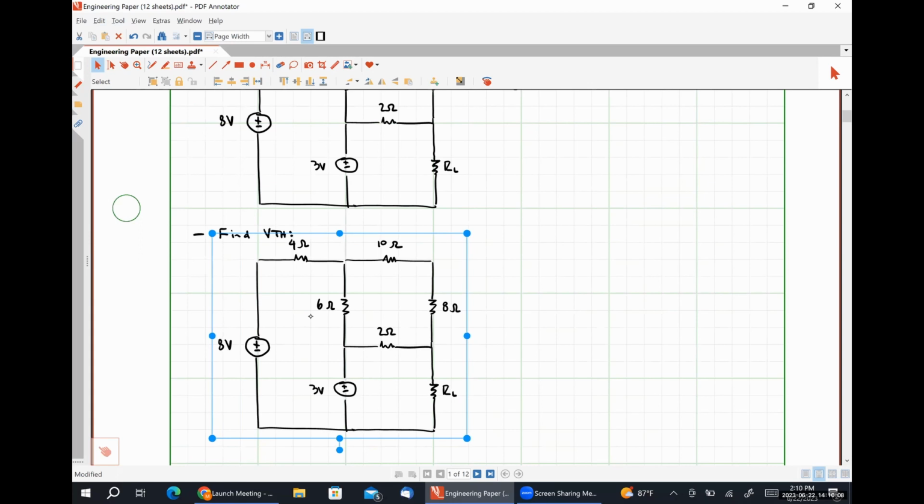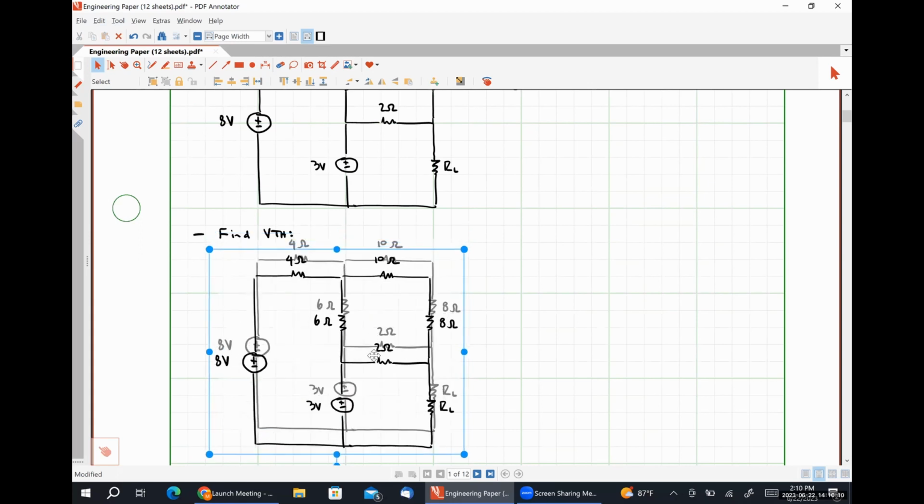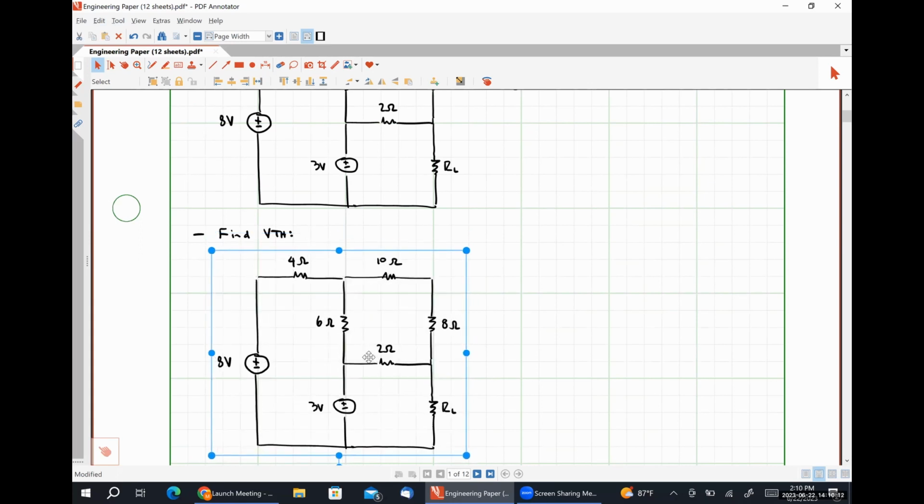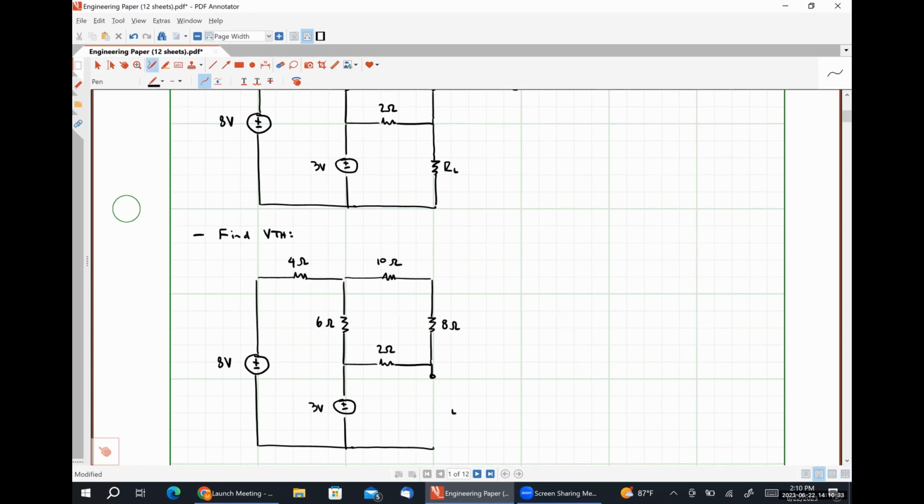So according to Thevenin's theorem, our goal here is to determine the open circuit voltage seen at our terminals of interest. Since we're finding the Thevenin equivalent with respect to this load resistor, what we're going to do is disconnect this load resistor from our circuit entirely.